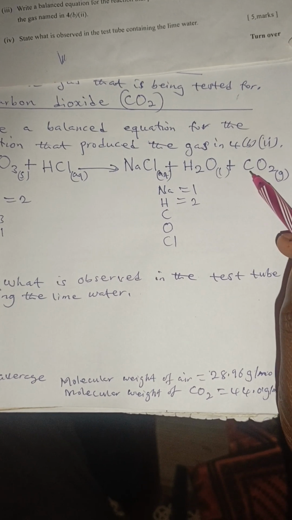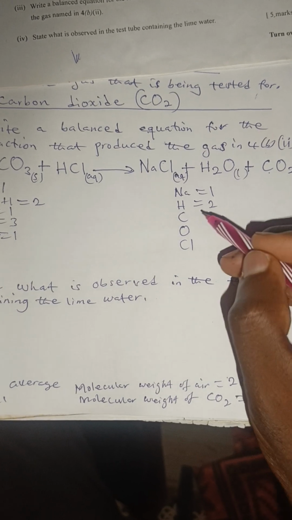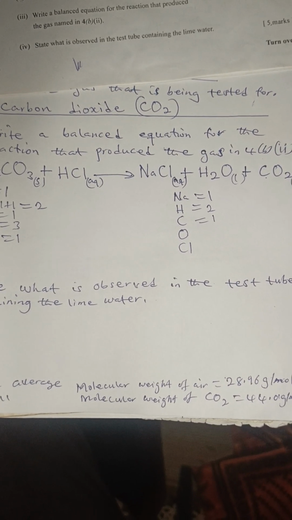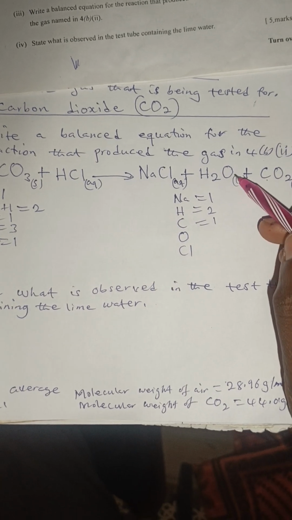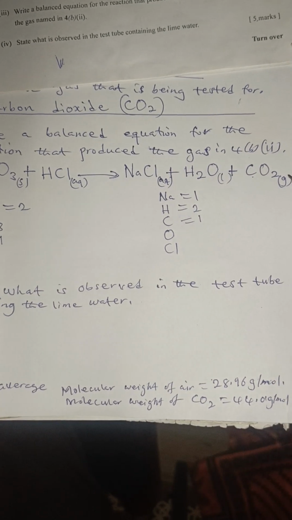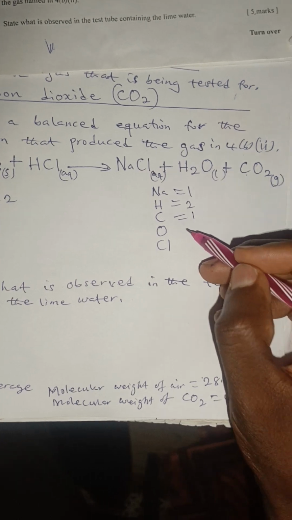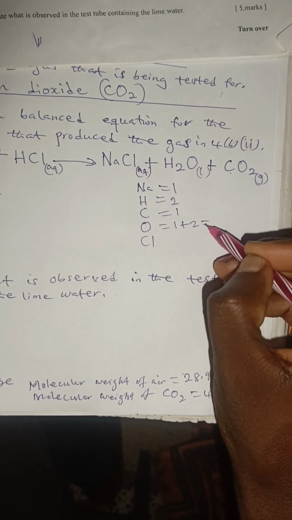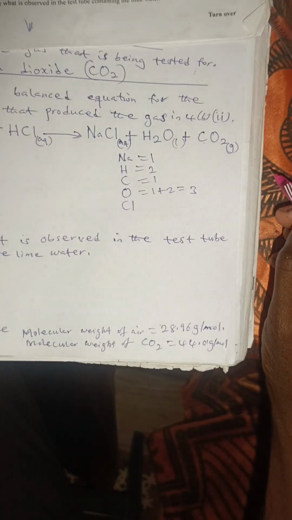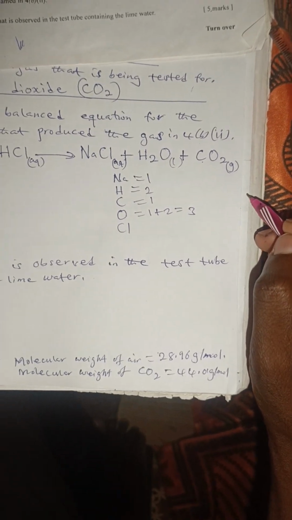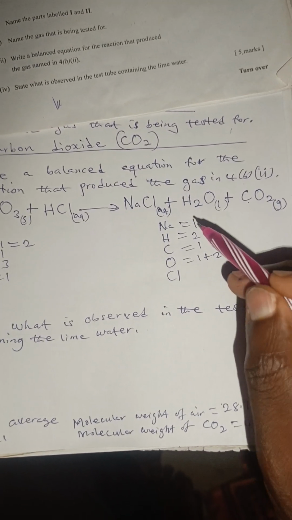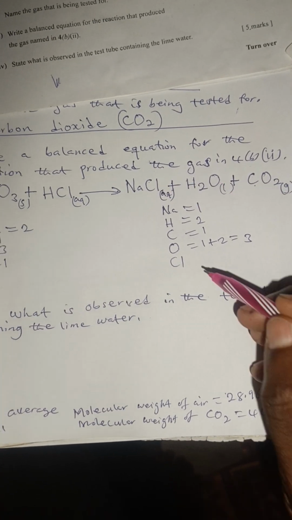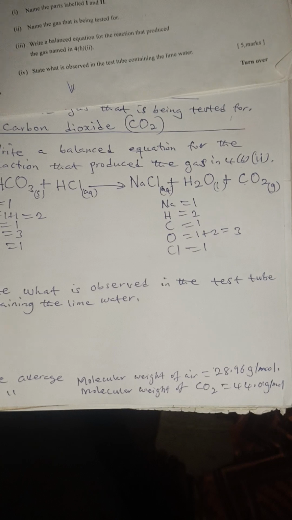We have only 1 atom of carbon, then we have 1. Now we look at oxygen, we have 1 atom of oxygen here and another 2, so 1 plus 2 will give us 3. For chlorine, we have only 1 atom of chlorine, so we have 1.